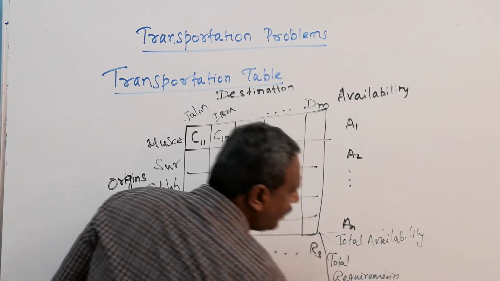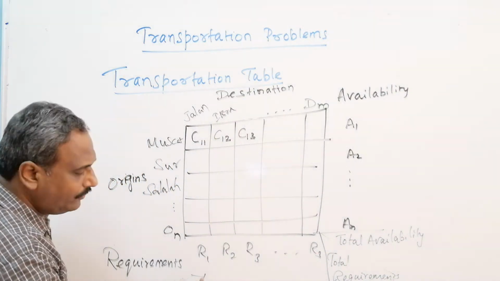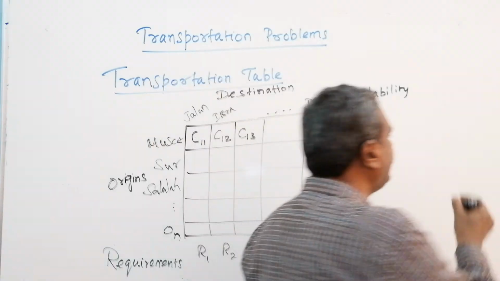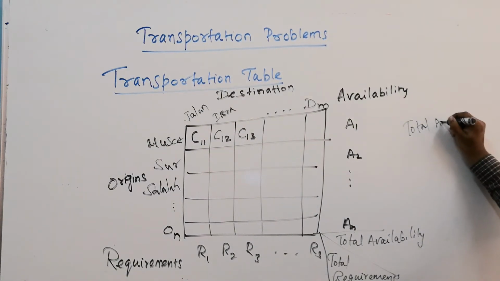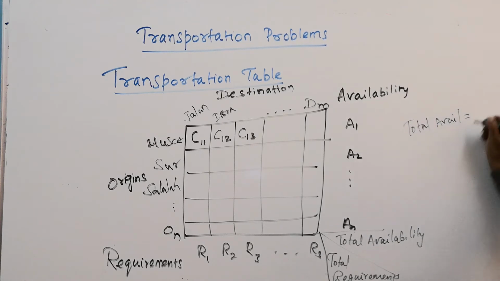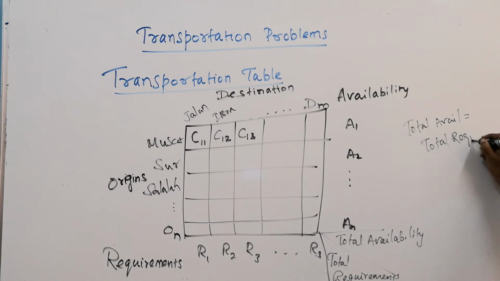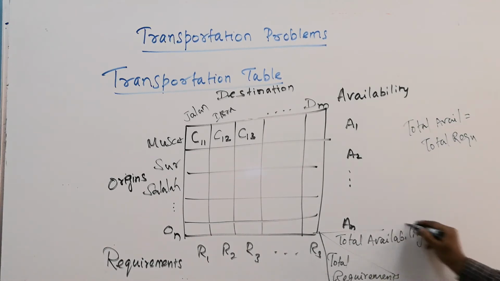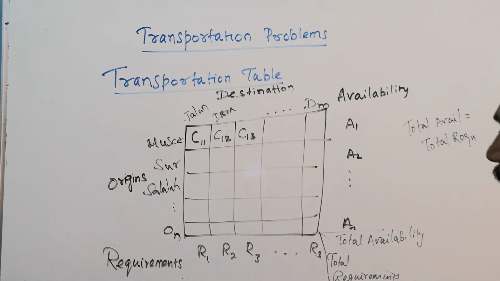If the total availability is equal to the total requirement, if I have the same value here, then this is called a balanced transportation problem.